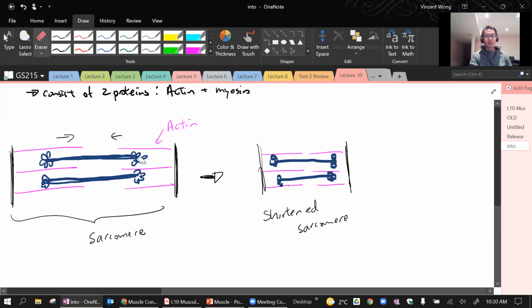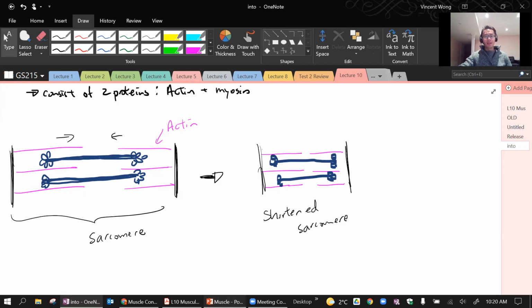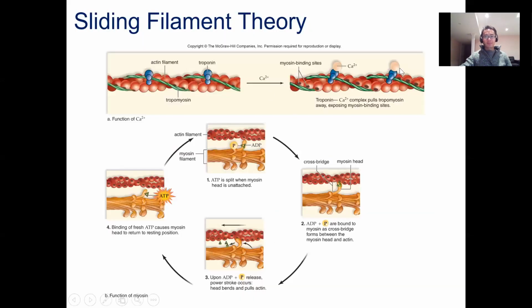So how does the myosin grab onto the actin? Well, let's go back to this diagram. This is the actin, and you can see in this picture the yellow stuff with the head. Those are the myosin heads that will grab onto the actin and pull. But before you can do that, the actin has these binding sites, these active sites for myosin to grab onto. But the active sites, the little black circles here, are normally covered, because you don't want a muscle to contract unless you tell it to.